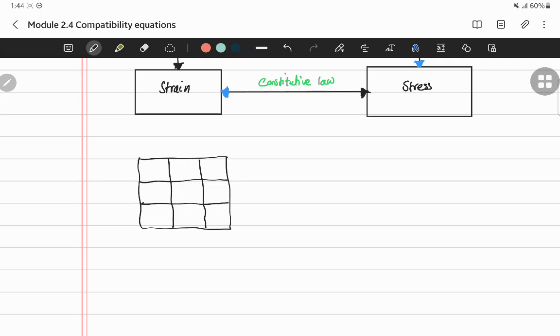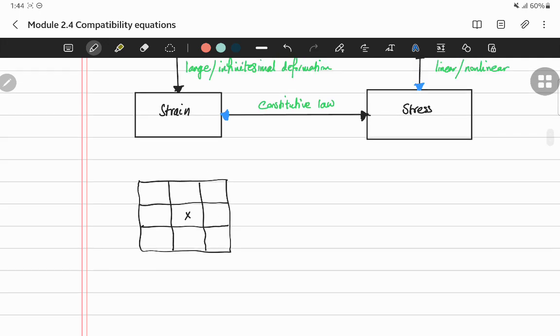This is a continuum, and you have a particle right over here. I already mentioned, and can't emphasize this more, that when we talk about a continuum, we mean a particle that is surrounded by an infinite number of particles. So remember this. This is only a schematic of an infinitesimal part of a continuum.